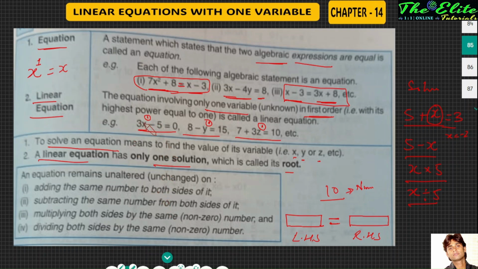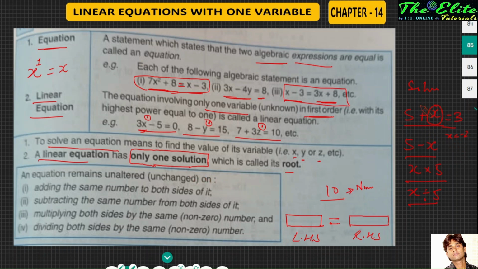So whenever we have a linear equation, the value of that variable will be only 1, and that is known as the solution. Whatever value we find for that variable is actually the solution, and we can have only one value, not more than that.